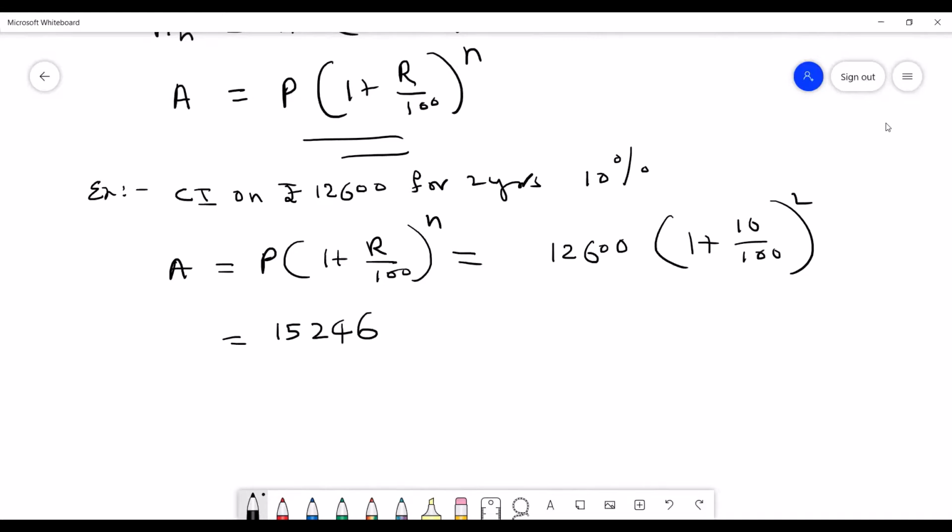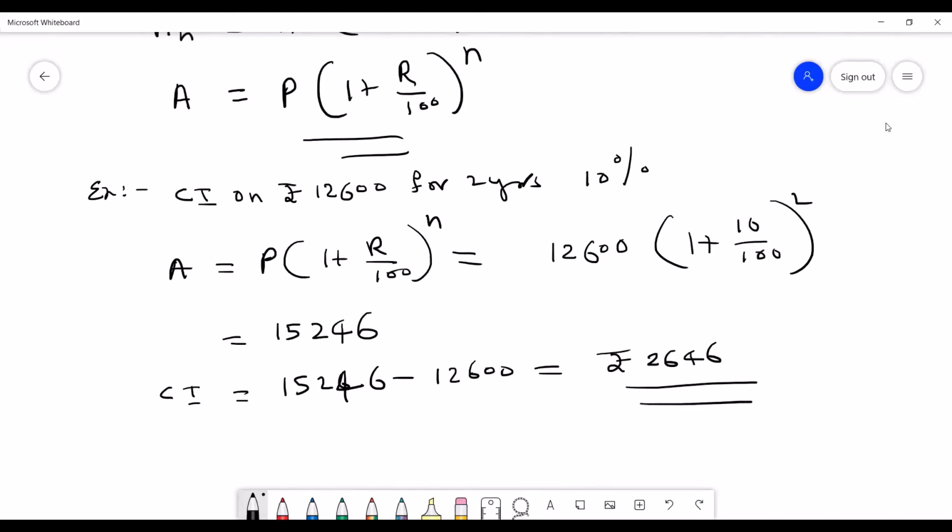And if we want to find the CI, 15,246 is the total amount we have got. When we subtract 12,600, then we will get the compound interest as 2,646 rupees.